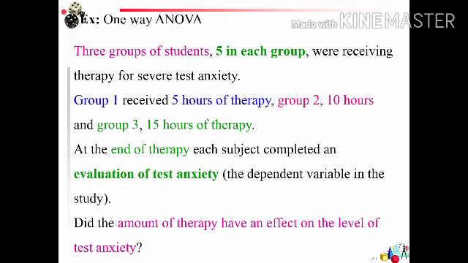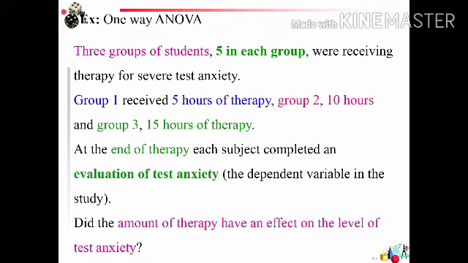For example, 3 groups of students, 5 in each group, are receiving therapy for severe test anxiety. Group 1 received 5 hours of therapy, Group 2 10 hours and Group 3 15 hours of therapy.